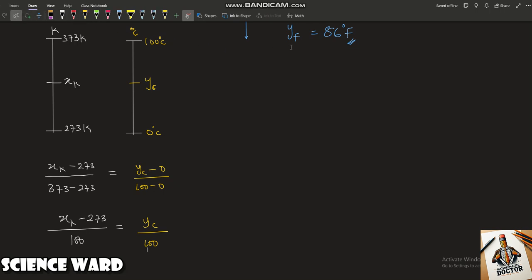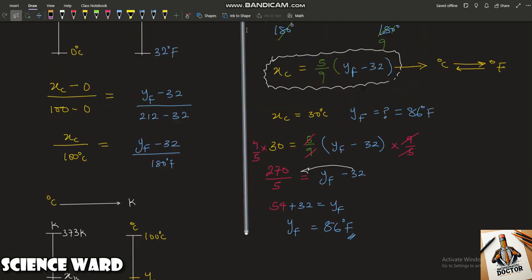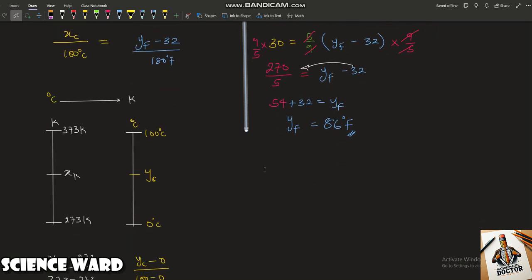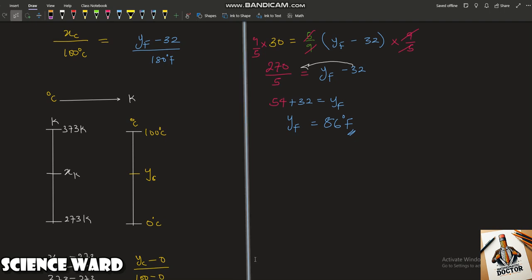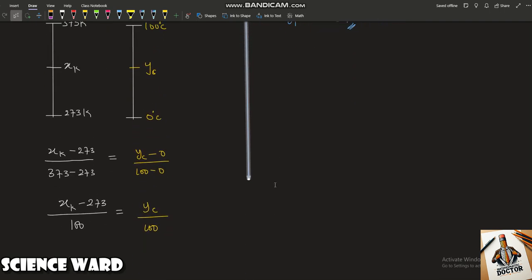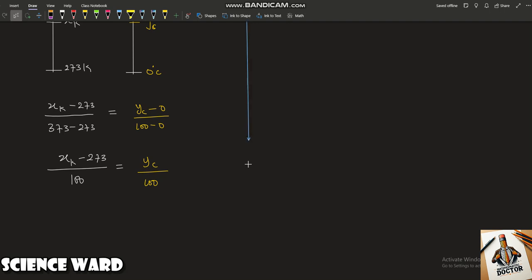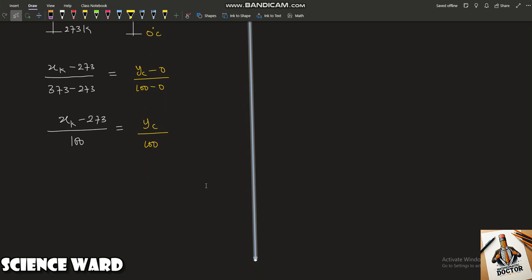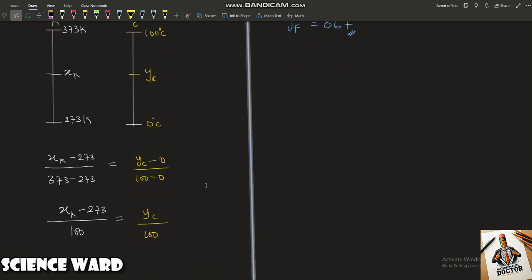Now I can make some principle work out for me here. So what principle can I make to work out for me? Let us try to use this 100 to multiply that reference.